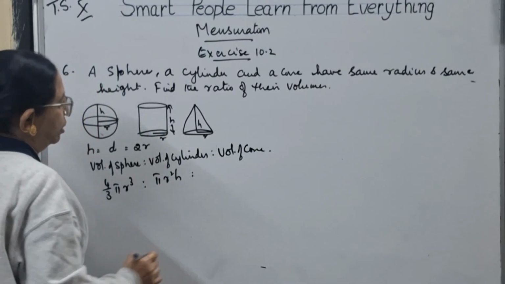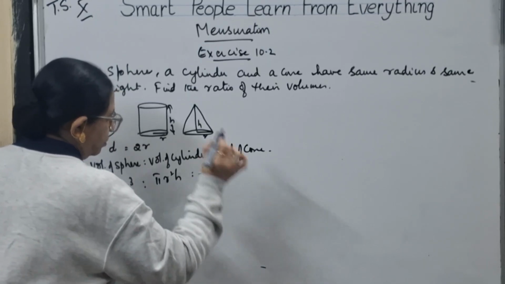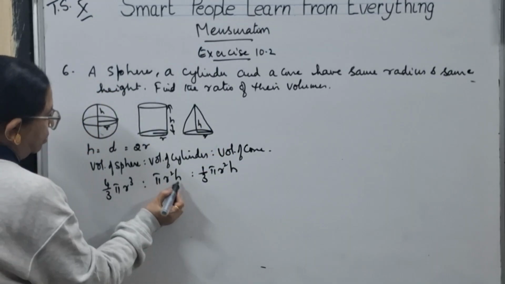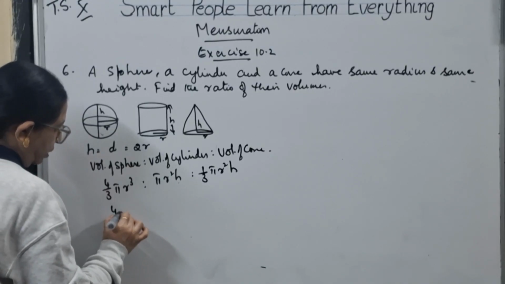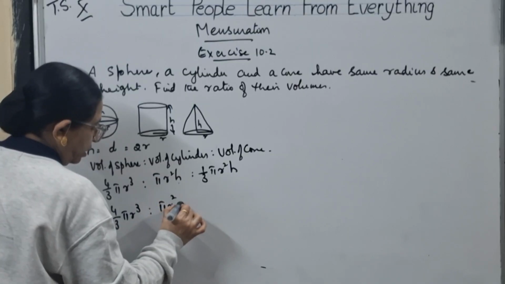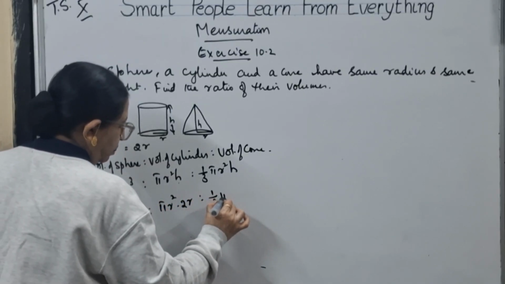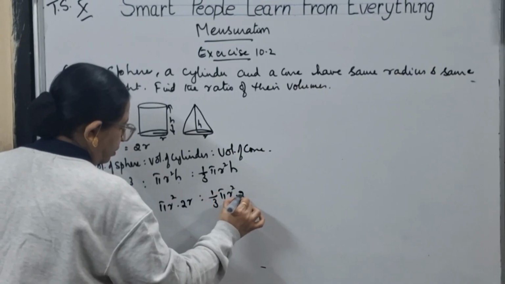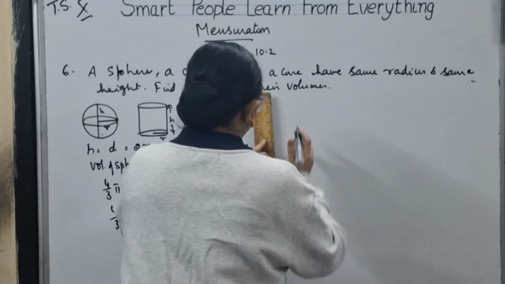Cone volume is 1/3 pi r square h. Now here in the place of h I am taking 2r. So 4 by 3 pi r cubed is to pi r square into 2r is to 1/3 pi r square into 2r. So let me continue it here.